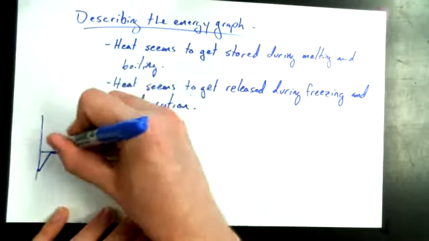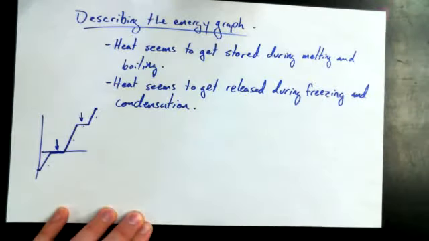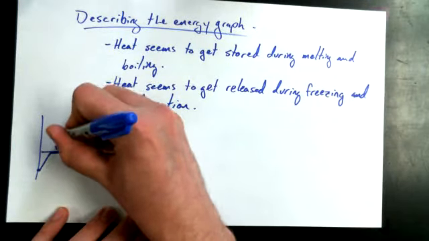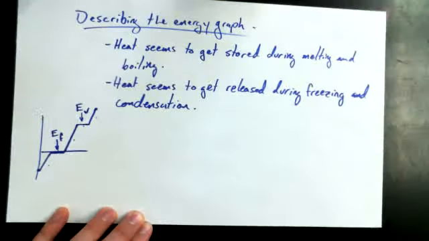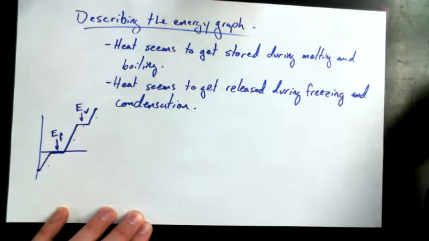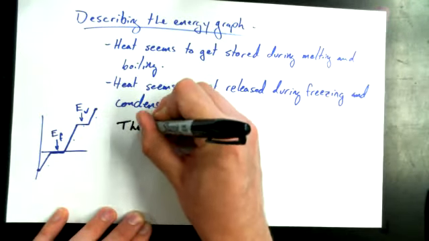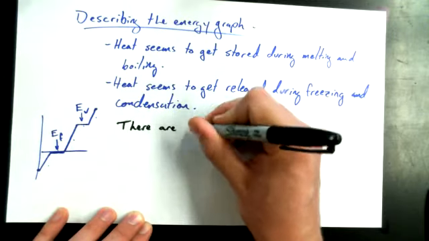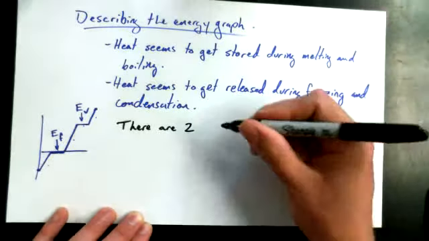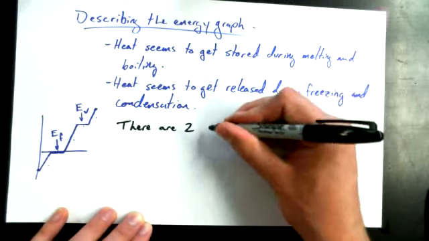And so there's these two new types of energy that we're going to talk about, and we called it fusion energy and vaporization energy. So let's put that in writing. There are two types of state change energies.